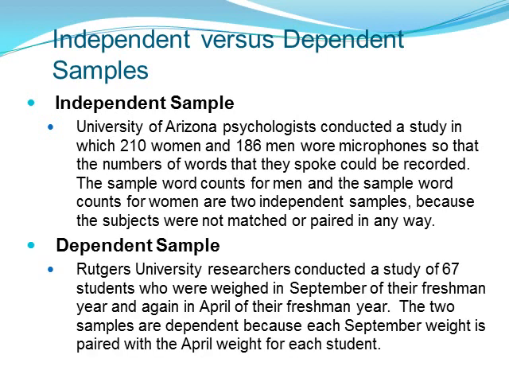Now let's look at a dependent sample. Rutgers University researchers conducted a study of 67 students who were weighed in September of their freshman year and again in April of their freshman year. The two samples are dependent because each September weight is paired with the April weight for each student.